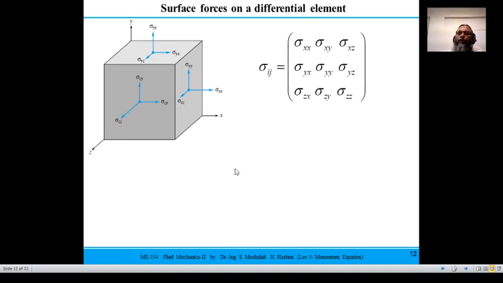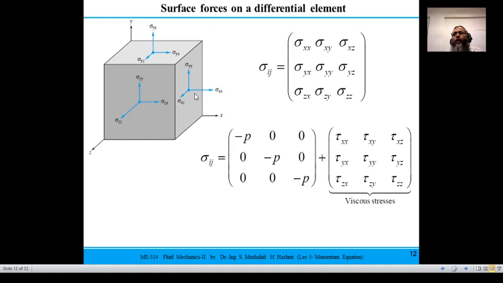If we see this stress tensor, these diagonal elements represent the normal forces, whereas off diagonal elements represent the tangential forces. What I do here is I break this stress tensor into two parts.